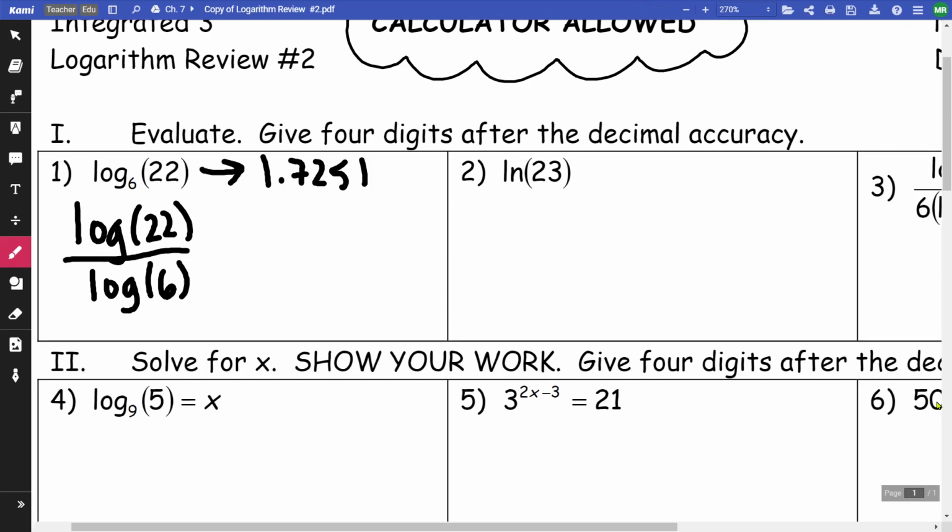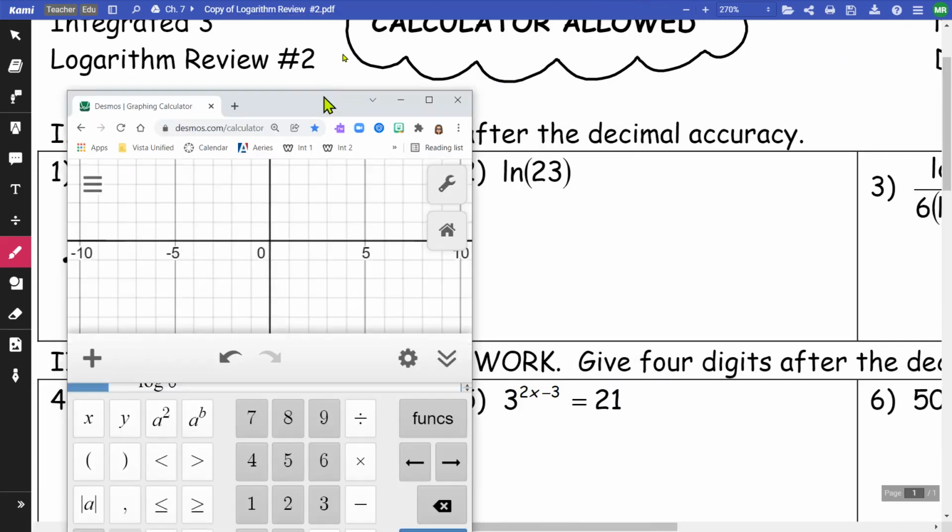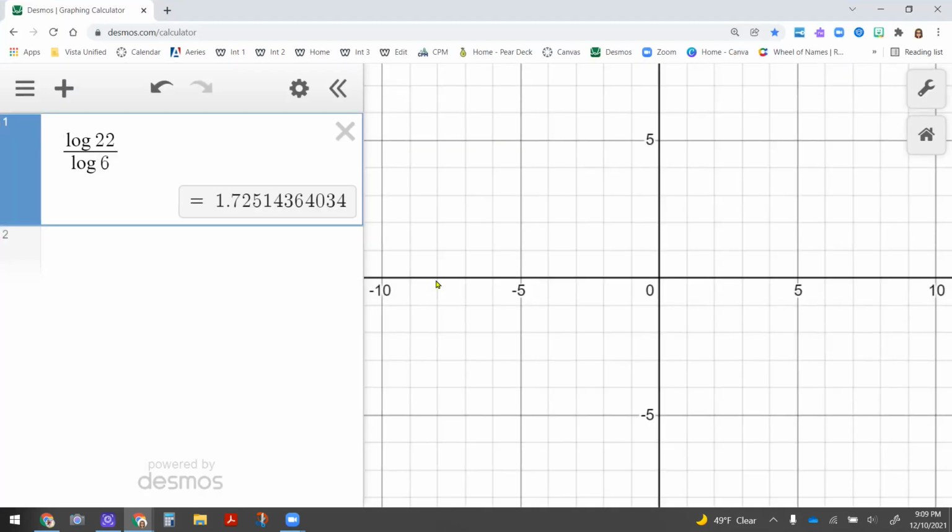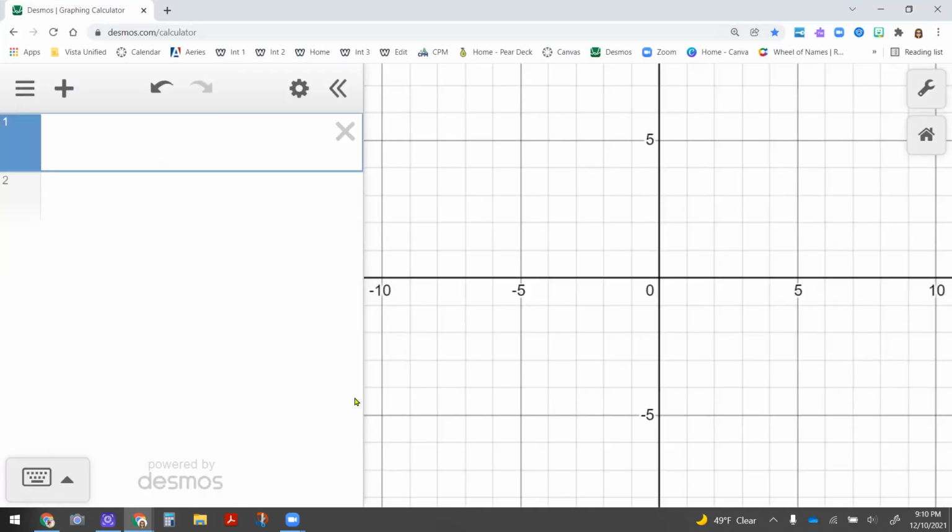Ln of 23, remember this is base e. You should have a natural logarithm button on your calculator, or on this, I can type in ln of 23.